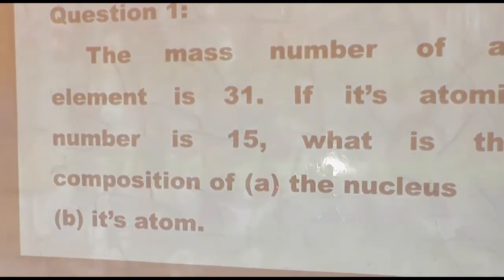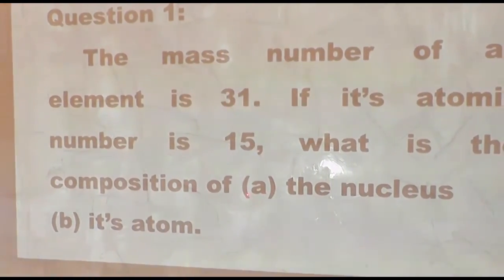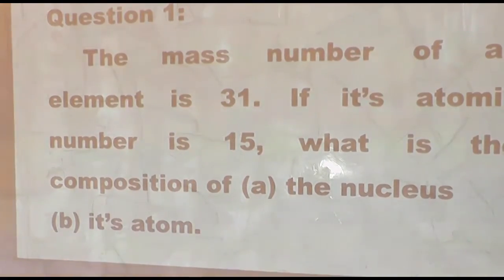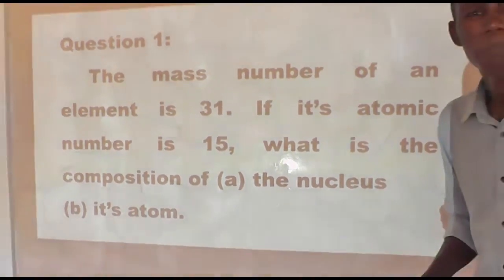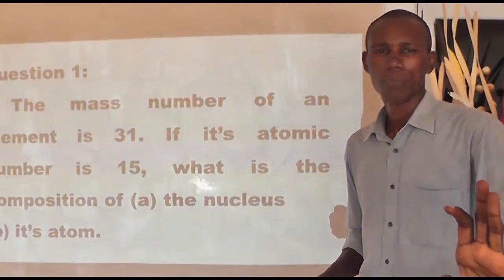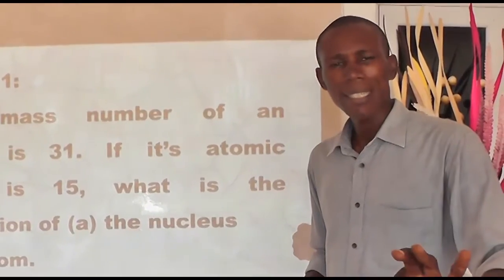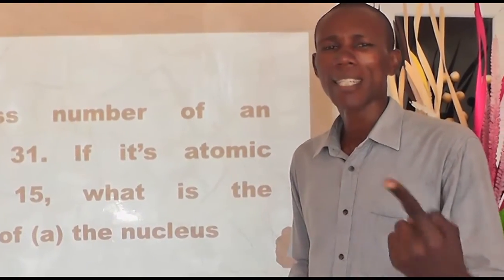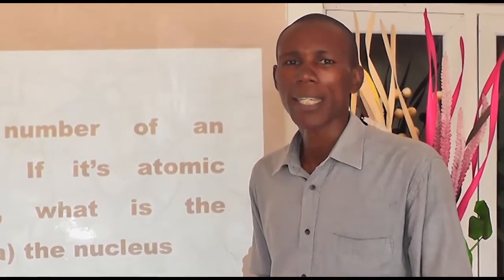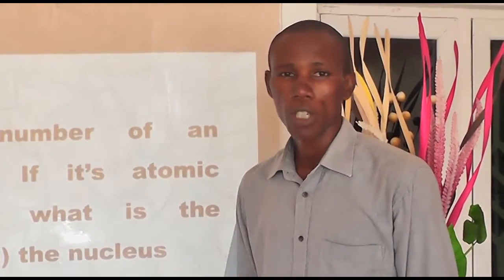The first question, A, what is the composition of the nucleus? What and what makes up the nucleus of that atom? Without wasting time, you know that the nucleus is made up of the protons and the neutrons, but then we don't know the numbers.